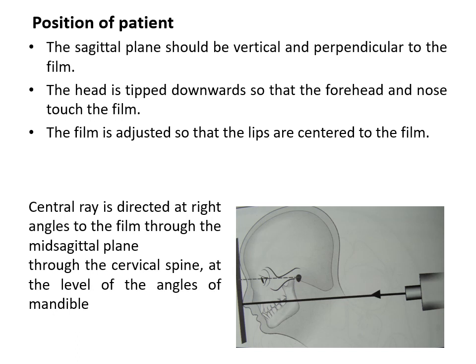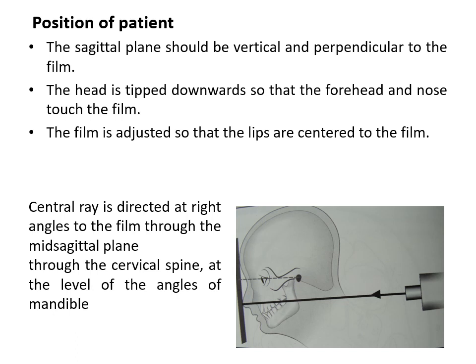This is the difference between the PA skull and the PA mandible. In the case of PA skull, the central ray passes through the occiput. But here the central ray passes through the cervical spine at the level of the angle of the mandible. So that is about the position of the central ray in the case of PA mandible.